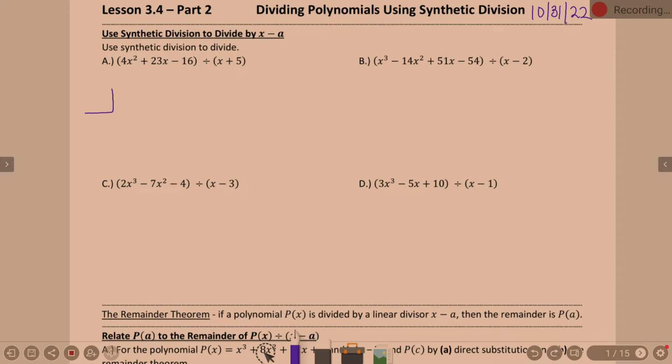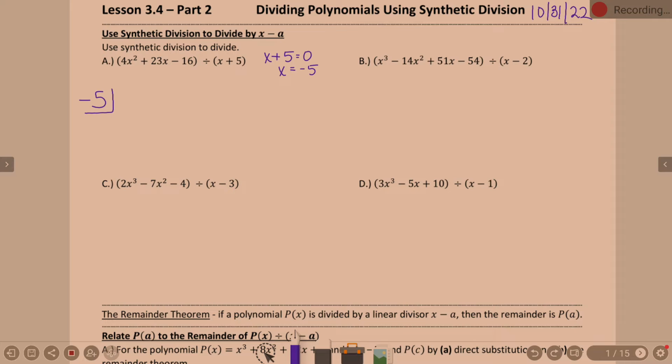Well, when it's given in that factor form, you want to use the zero, or in other words, if we are solving this, so if you had to solve x plus 5 equals 0, what would you get there? You would get negative 5. So negative 5 is the number that's going to go in our box that we're dividing by.